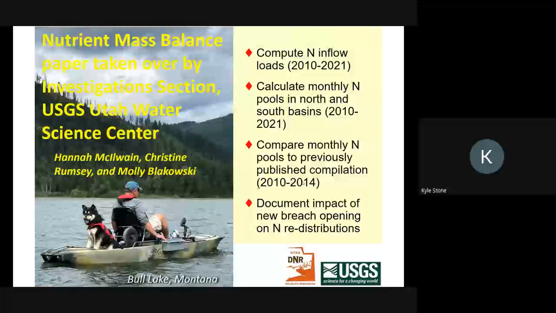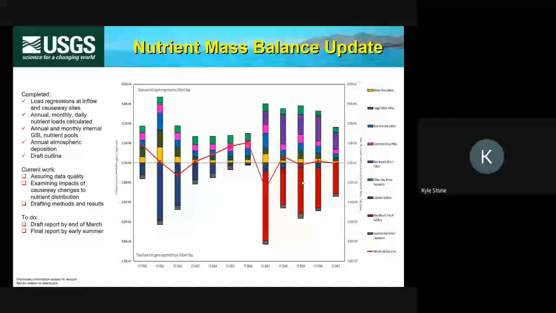So these are the objectives of this study: to compute our nutrient loads from inflows and the pools within Great Salt Lake in the South Arm, and to document the impact of the new breach opening. Right now, what has been completed are the load regressions at the inflows and at the causeway breach.